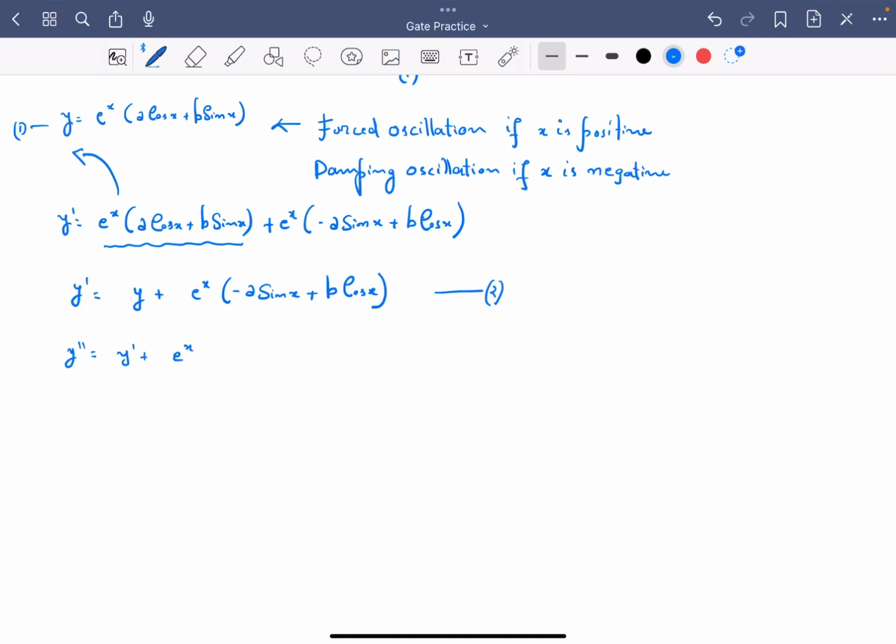Derivative of the first term e raised to x, minus a sin x, b cos x, plus derivative of the second term, minus a cos x, minus b sin x.